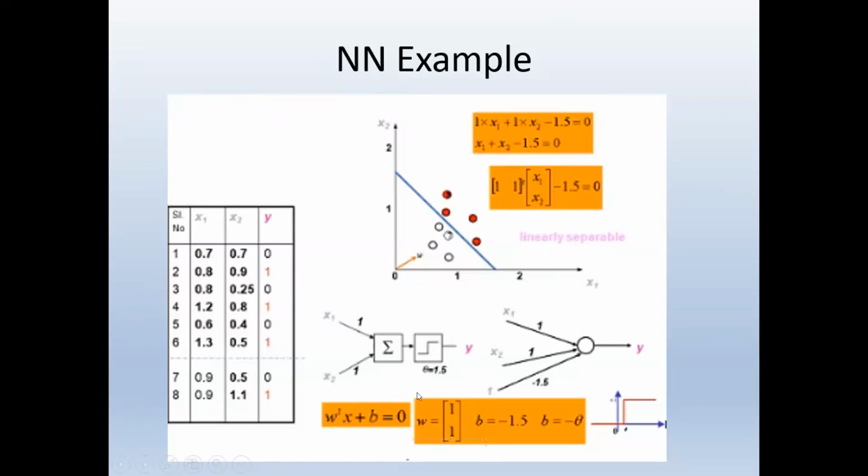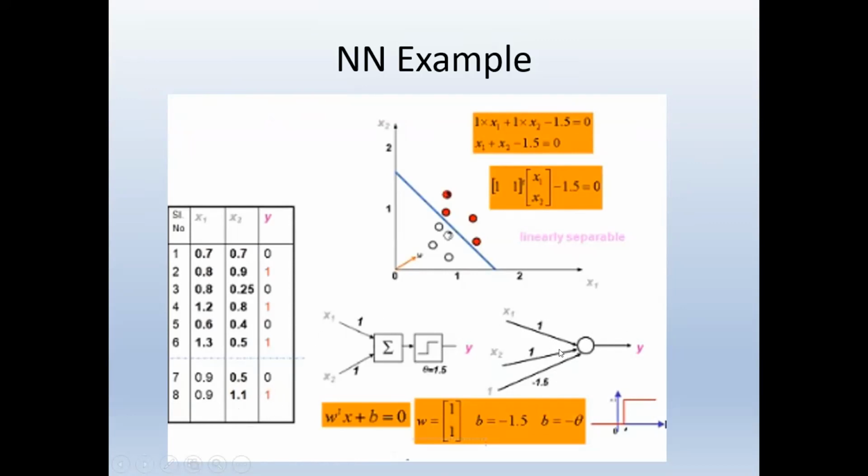Now you can give the next input, 0.9 and 1.1. So 0.9 plus 1.1 minus 1.5 is a positive value. Then after the activation function, the output we are getting is 1. The expected value is also 1.